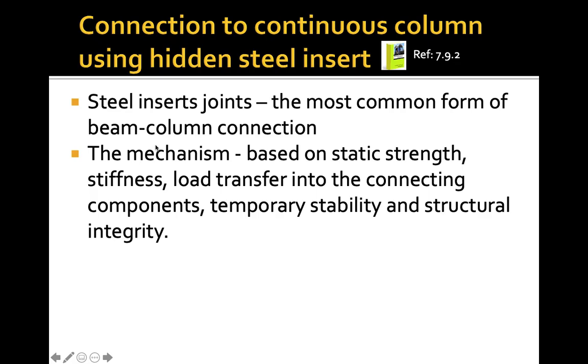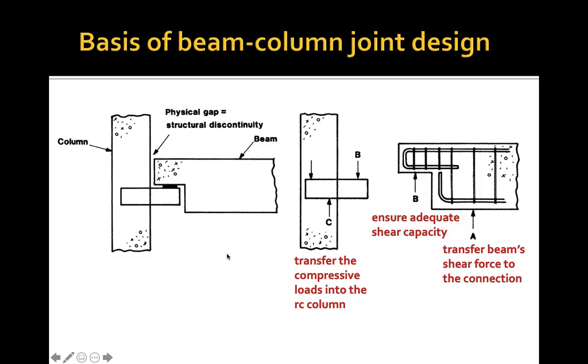Instead of having the usual corbel, as we have discussed previously, the mechanism is based on static strength, stiffness, load transfer into the connecting components, temporary stability, and structural integrity. This is the basis of a beam column joint design that is using the steel insert.